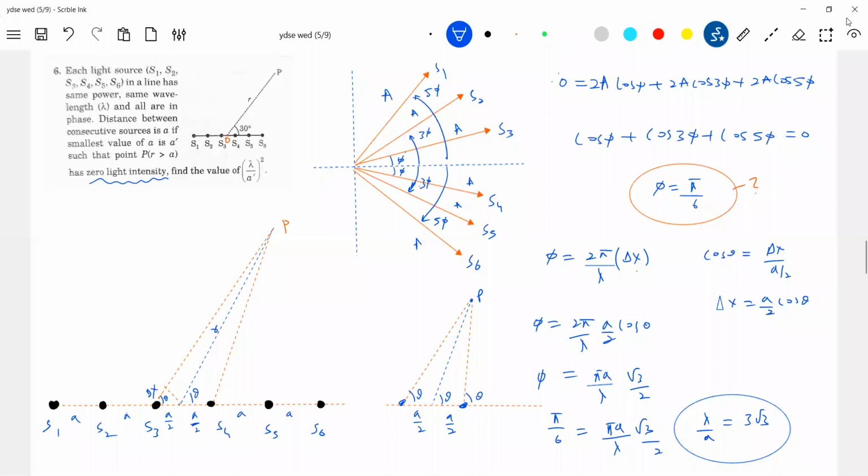This phase angle is not between two rays. It is the phase of wave 3 when it arrives at point P. What is this phi? I should say the phase of wave 3 when it arrives at point P. So I should calculate the path between these two only. So I should go for a by 2, not a.